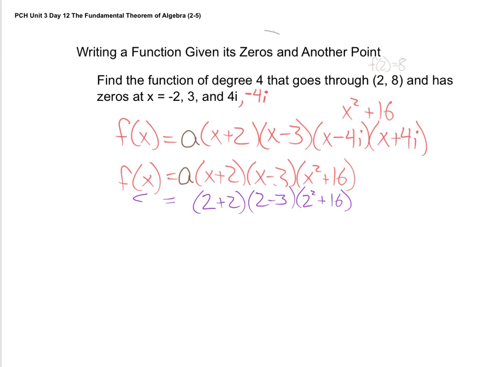And we're going to plug in 8 for f(x), and solve for a. So we get 8 equals a times 4 times negative 1 times 20, which is negative 80. So we have negative 80a equals 8. That means a is negative 1/10.